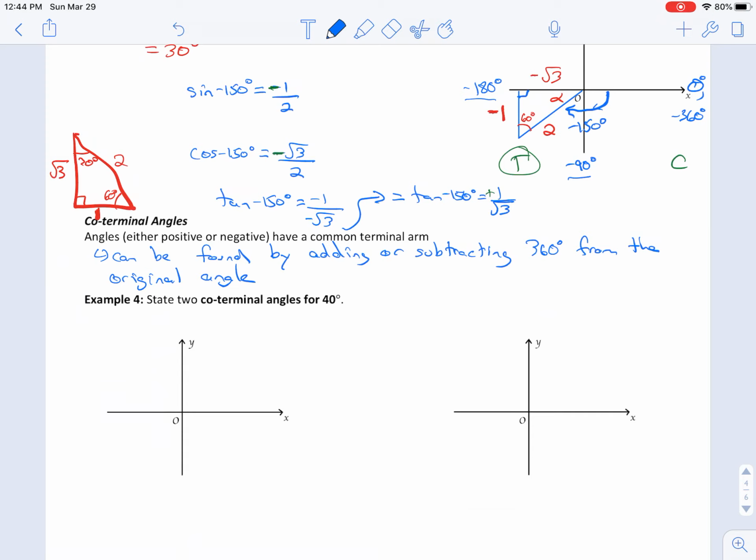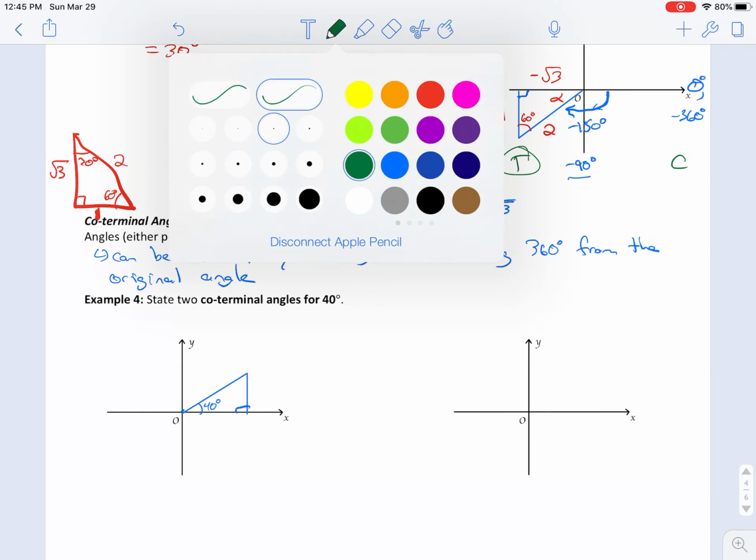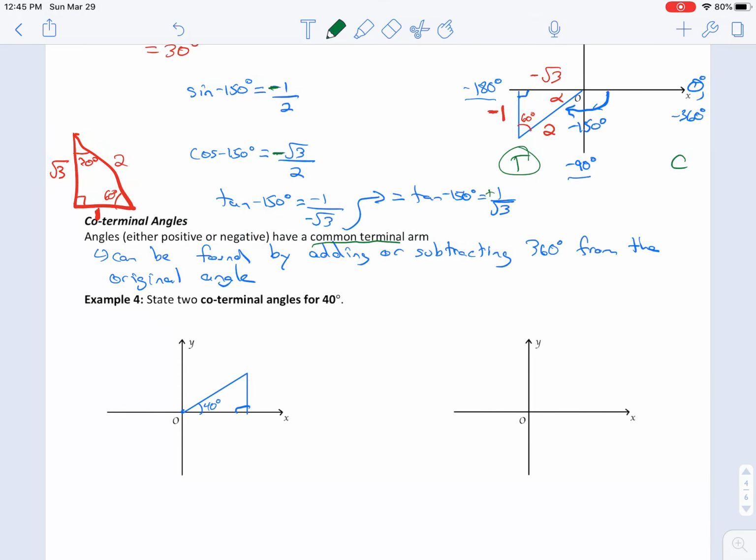For example, it says state two coterminal angles for 40 degrees. So I'm going to draw 40 degrees. 40 is a positive angle this time, so I'm going counterclockwise. Let's say that's 40. In order to have the same terminal arm, I have to do whatever 40 is and add another, let's say, 360.